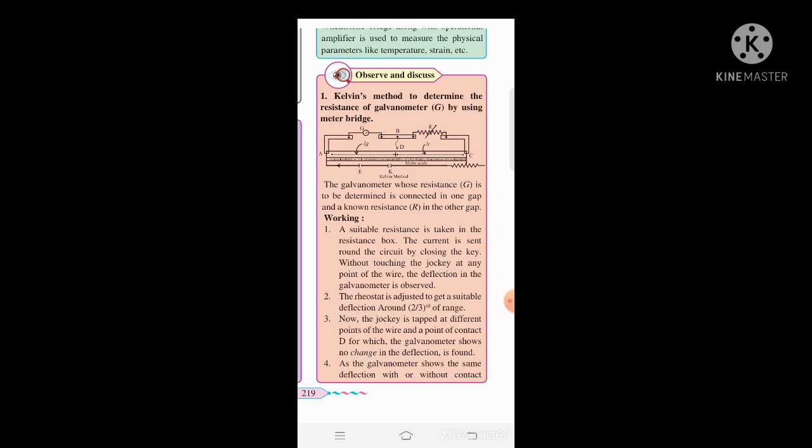Below the metal wire AC, a meter scale is fixed, and along wire AC, a source of EMF E, plug key K, and rheostat RH are connected in series.